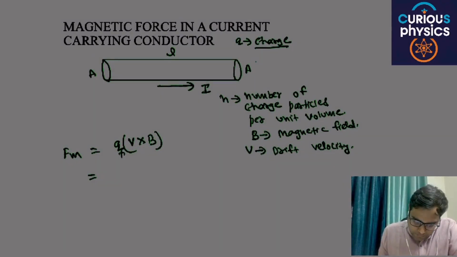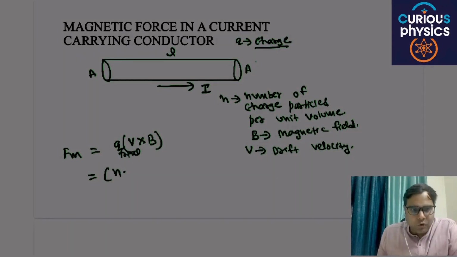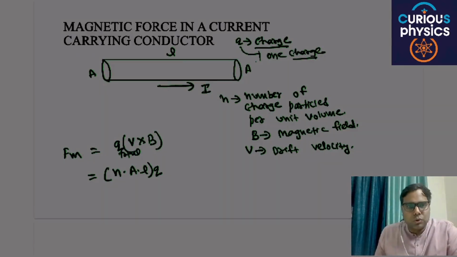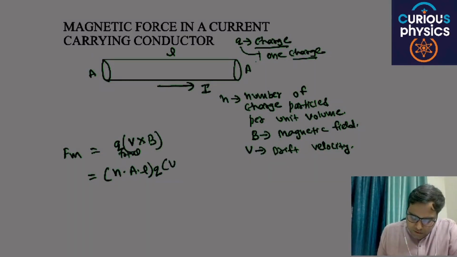Q total can be written as n into total volume, where volume is A into L, times the small q, the charge of one particle. So throughout the volume the total charge will be n A L q. V is Vd and B is the magnetic field.